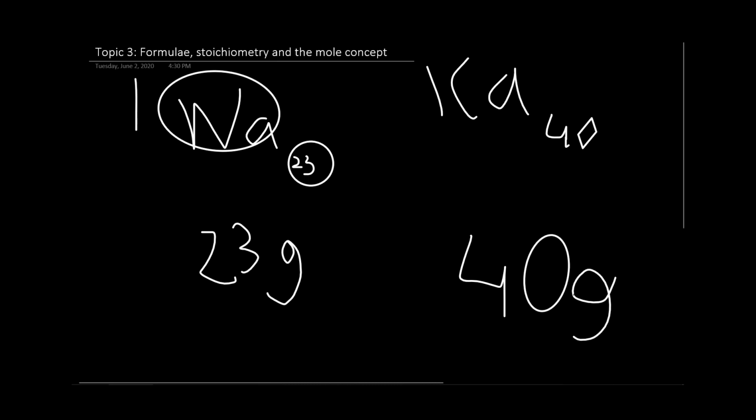So 1 mole of calcium will have a mass of 40 grams. 2 moles of calcium will have a mass of 80 grams. 3 moles of calcium will have a mass of, you guessed it right, 120 grams. And so on. 4 moles of calcium will have a mass of 160 grams.